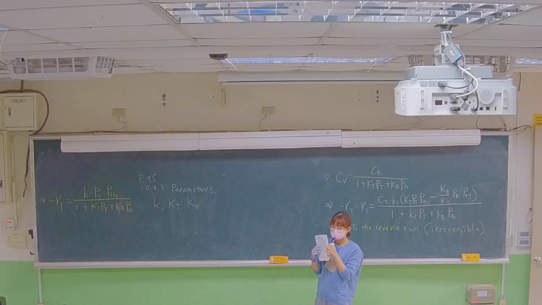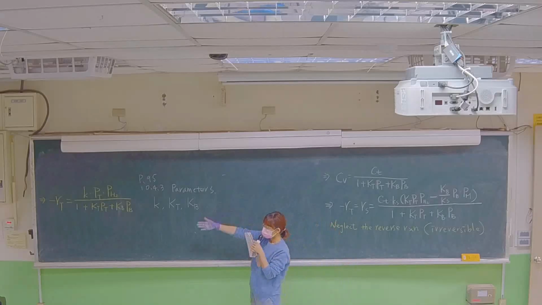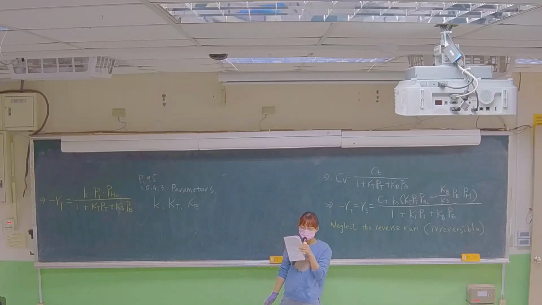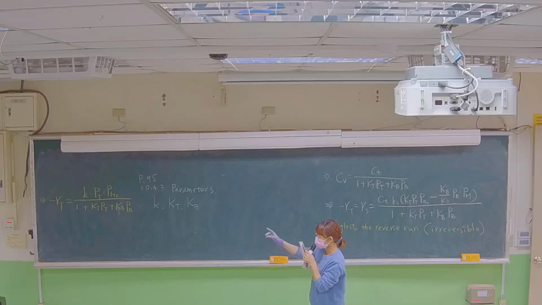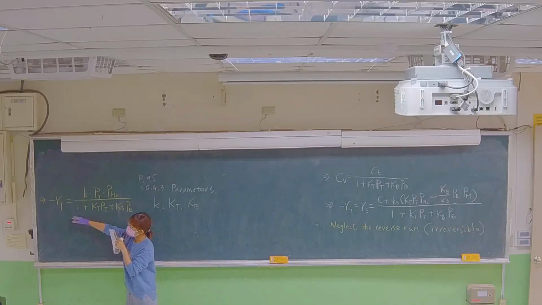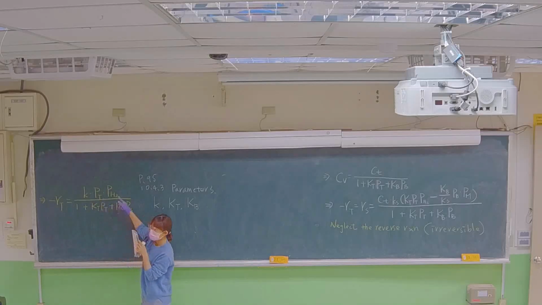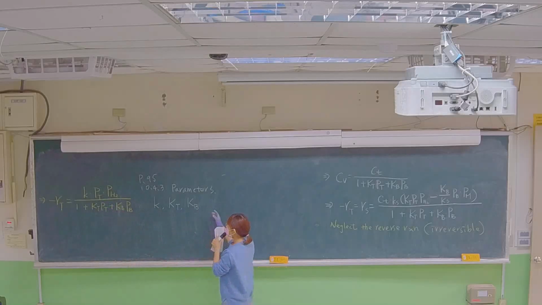I have told you about the rate law. We have to find the rate law, right? To design the reactor, to find the volume or weight of a reactor, we have to obtain the rate law. So now you know the rate law is like this. But you don't know the constants, and also you don't know the pressure. So we have to find the constants and the pressure. Then you will know the value of the rate law. So now how do we get the parameters?